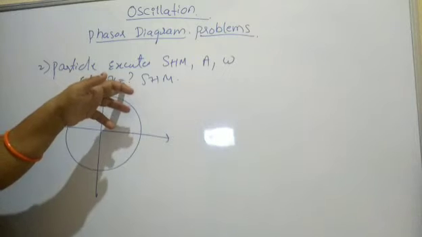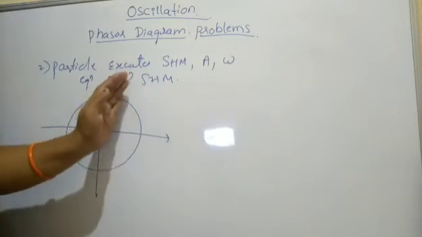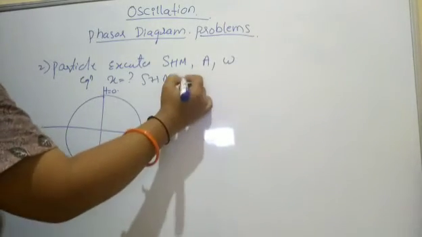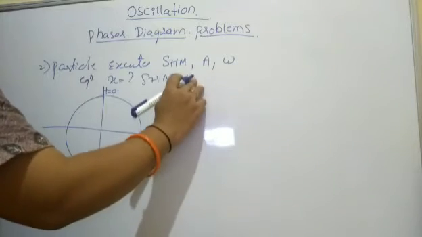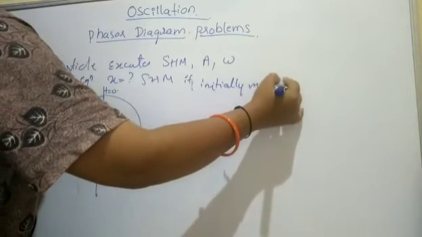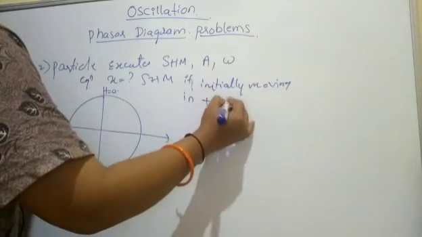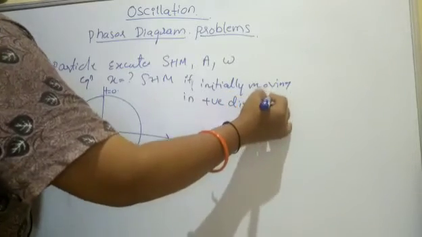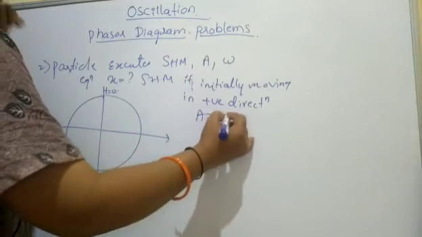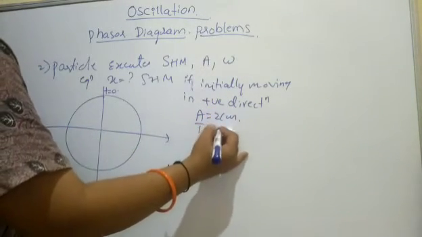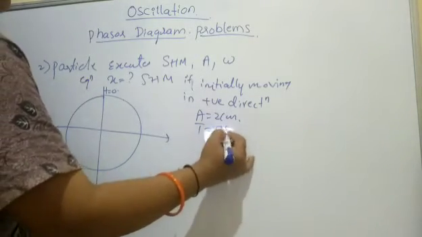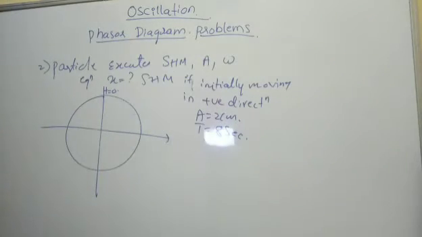We need to find out the equation of the particle in simple harmonic motion when the particle is initially moving in a positive direction, where amplitude is given as 2 centimeter and the time period is 4 seconds. So let us go ahead with the 8 seconds. It is the same problem, but it is moving in a positive direction.